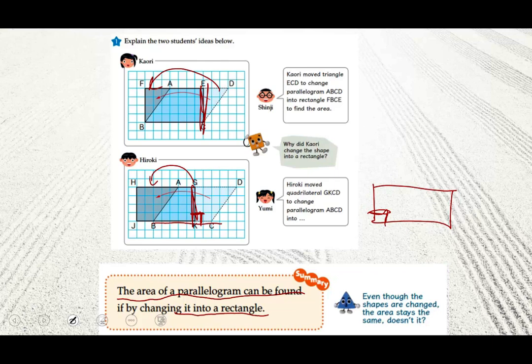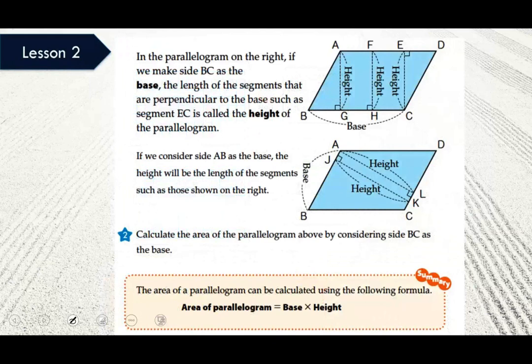So how do we call this perpendicular line? We call it height. So therefore, we say base times height. Height can be any place as long as it is perpendicular to the base. If this is the base, this can be the height, but it has to be perpendicular. So that's a way to introduce it.